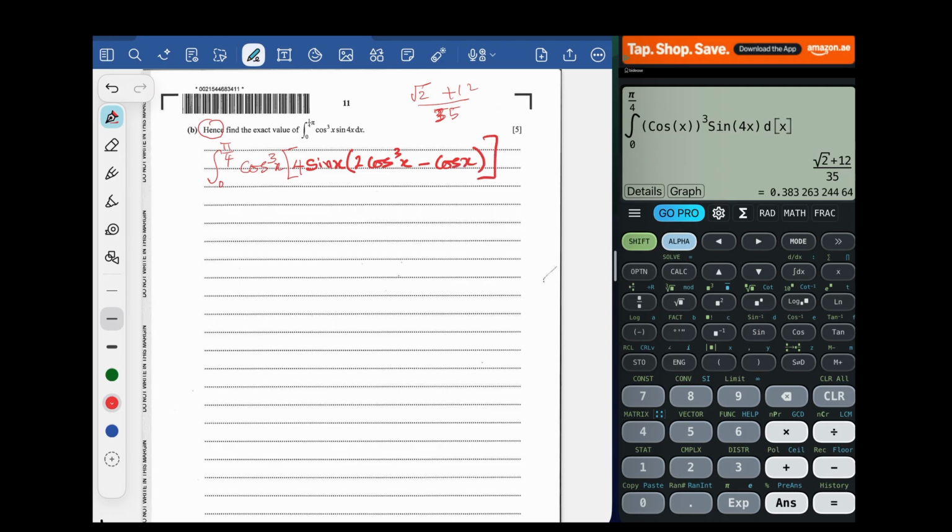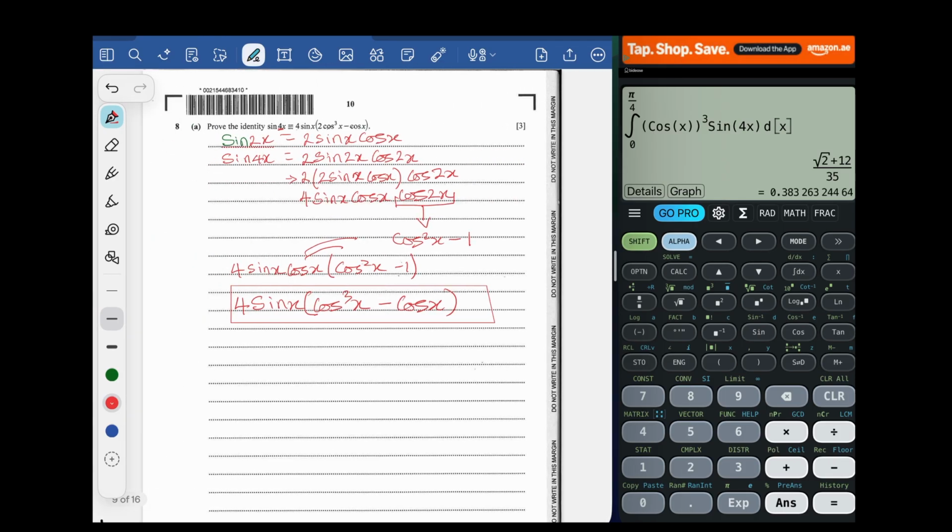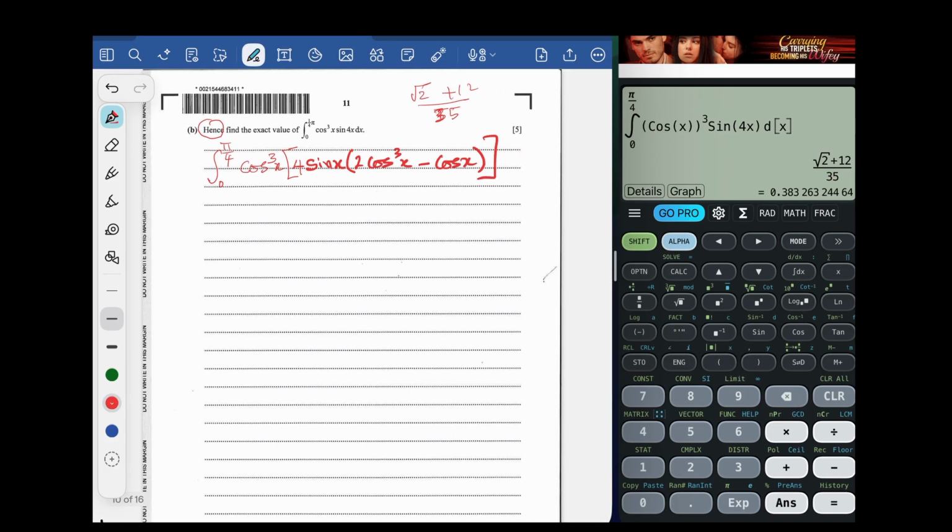So this is actually cos cubed x. This is what I proved earlier, sine 4x equals 4 sine x, then bracket 2 cos cubed x minus cos x. I think I missed a 2 here. Yeah, that's 2 cos cubed x. All right, so that is what we are to prove.